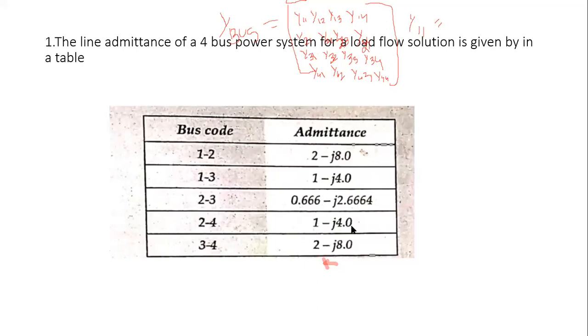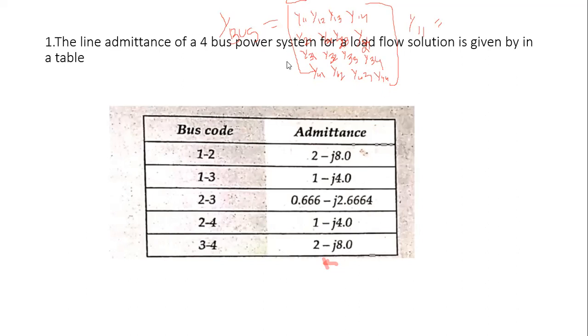Next Y34, 3 to 4 or 4 to 3: minus of 2 minus j80. Then 4 to 1 is the same as 1 to 4, 4 to 2 is 2 to 4, and 4 to 3 is 3 to 4.